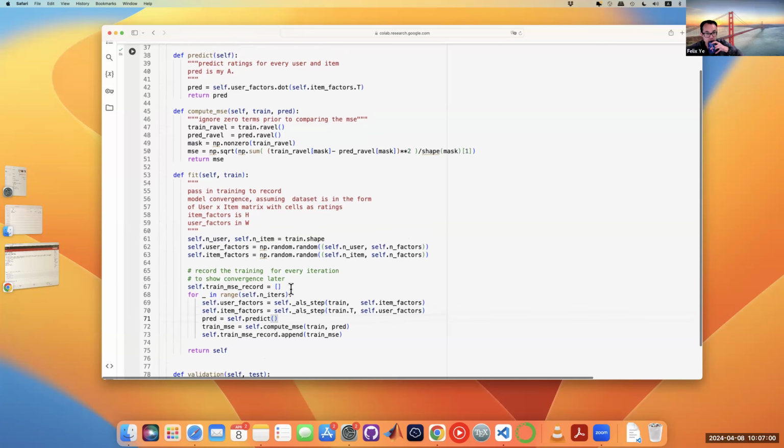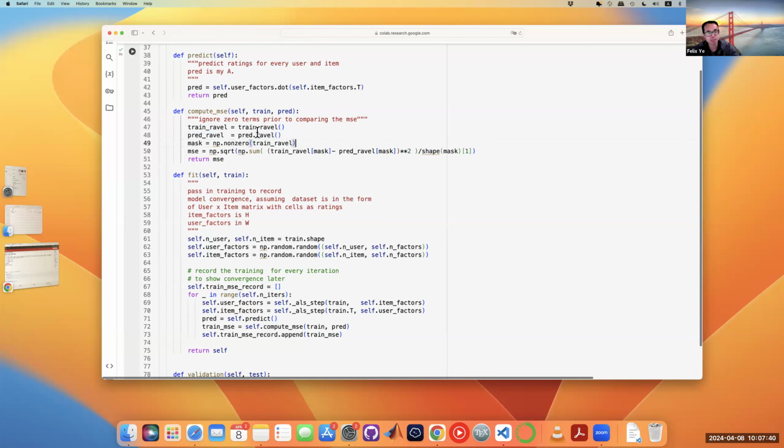So the MSE here is very important because you're going to use that in the project homework. Basically, say you already fill up all these training data. You unravel, so you flatten this matrix out, and this is the predicted one, which is my predictions.